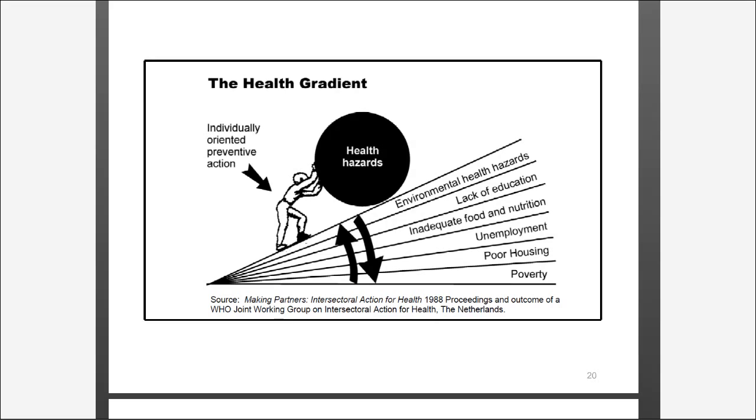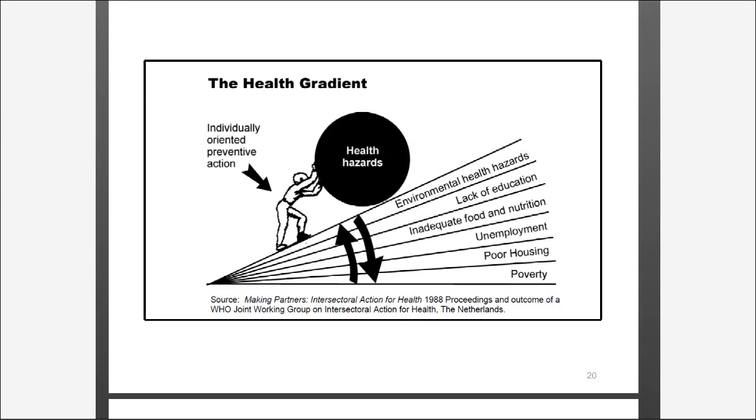We've known for a long time that the health gradient impacts us because of the cumulative burden of hazards that people experience the further down the ladder they are. And acting at the level of individuals through health promotion that aims to prevent illness by convincing individuals to change their behaviors is simply not effective enough. It's necessary on one level, but it's not effective enough.